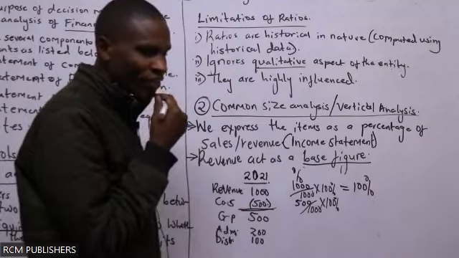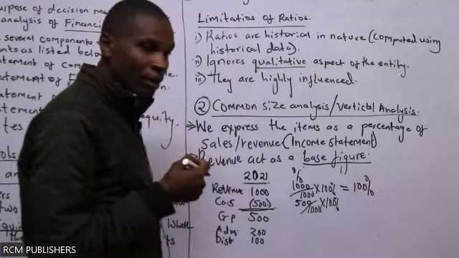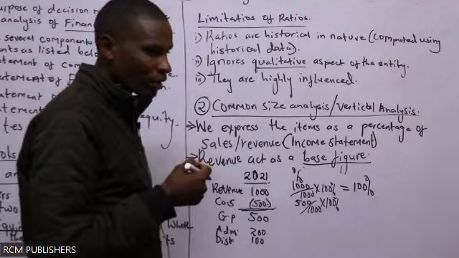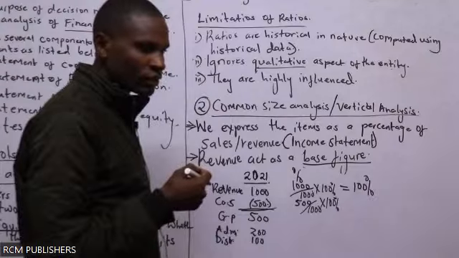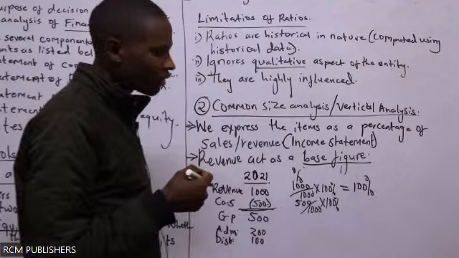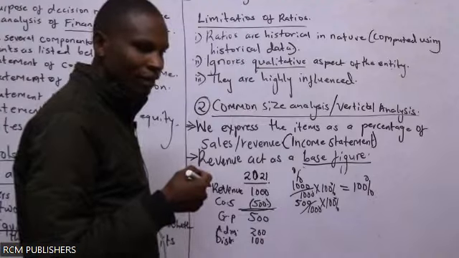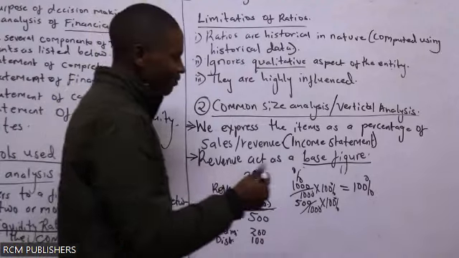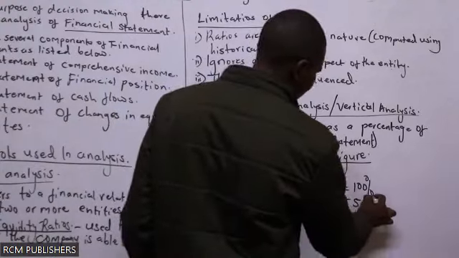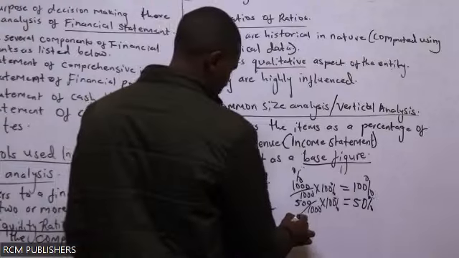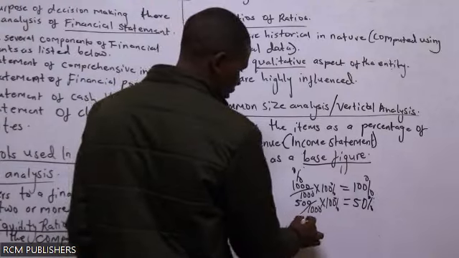No problem with this. Just confirm. I would like someone else to confirm that. Tuko na 200, is it really 200? Napata 200 from Grace, no problem. 50%. Thank you very much. 50%. So I think our cost of sale and gross profit are the same.